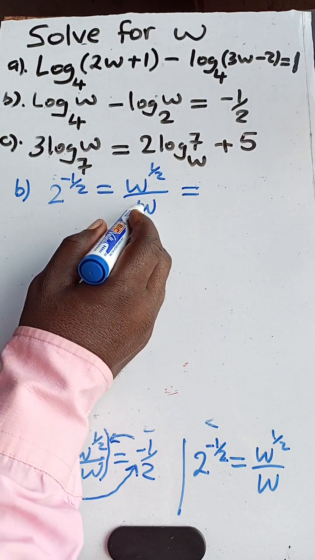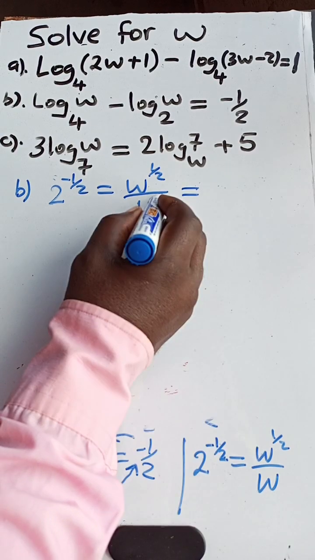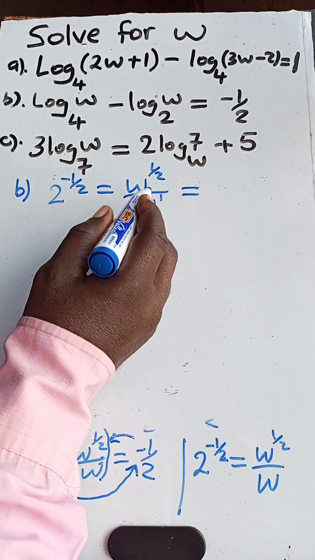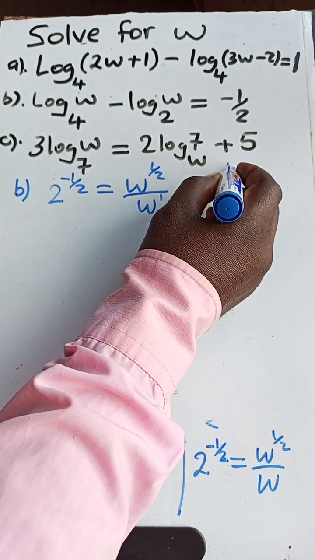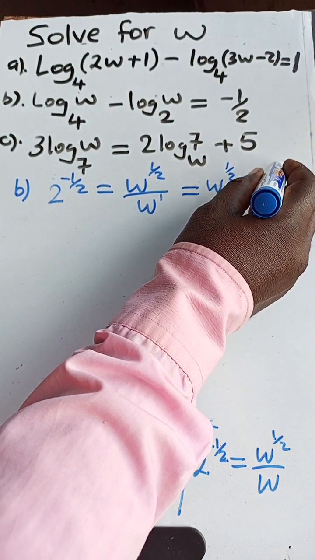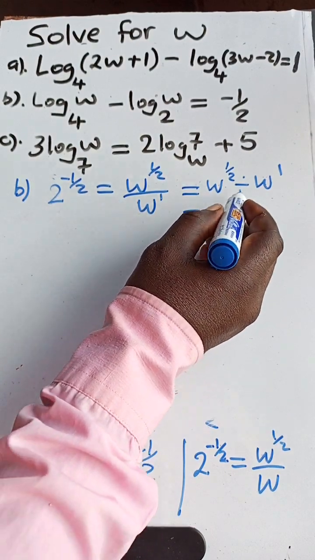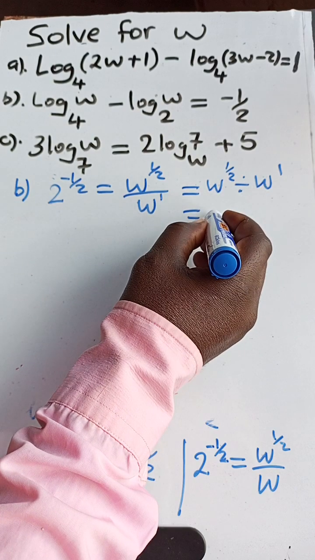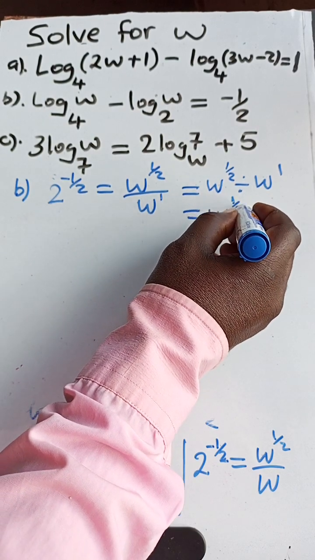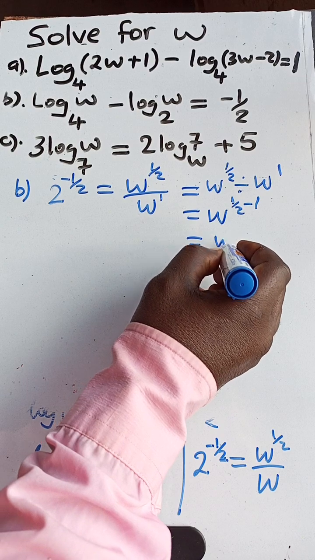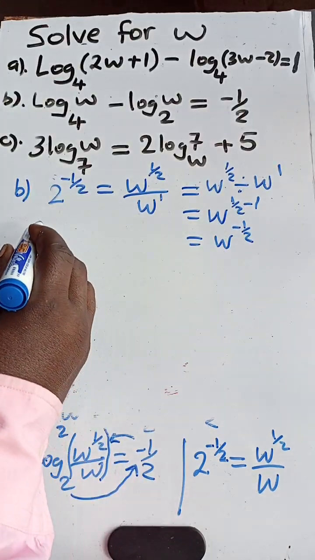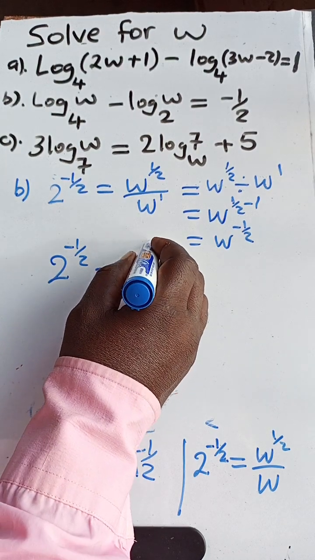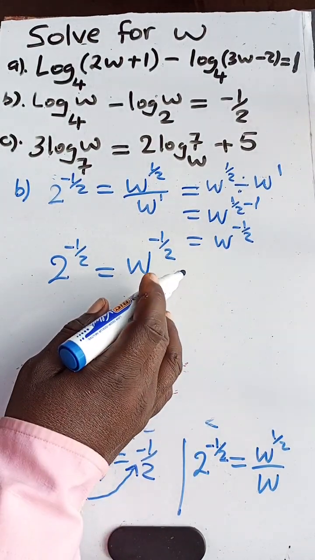This is also an index expression. The power is 1. Remember, if nothing is written, we know the power is 1, and the base is w. So this is w to the half divided by w to the 1. From the laws of indices, when we're dividing index expressions that have the same base, we subtract the powers. This becomes w to the half minus 1, which gives us w to the negative half. So finally, we have 2 to the negative half, giving us w to the negative half.